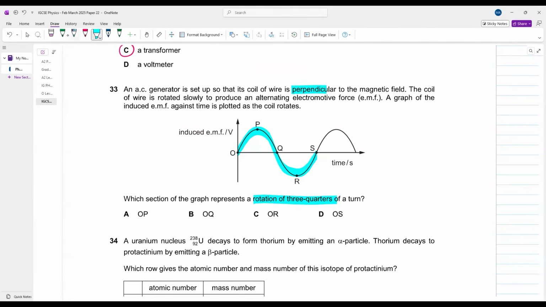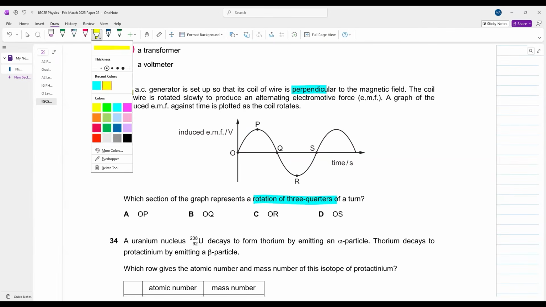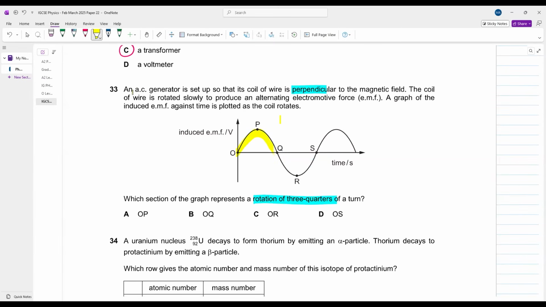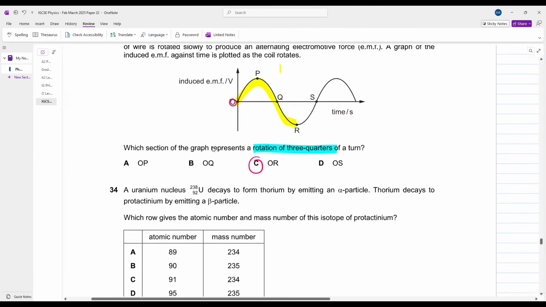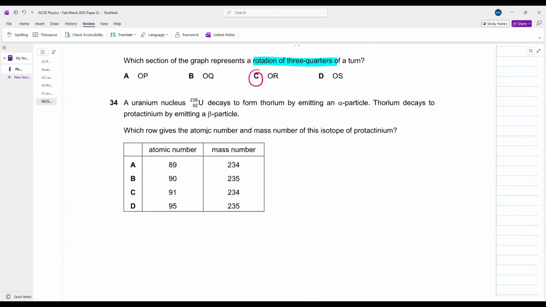This is the EMF versus time का graph if your coil performs complete rotation. However, अगर आप 3/4 रोटेशन परफॉर्म करते हो, तो आप वेव भी 3/4 ही कवर करोगे. You will cover your wave from O to R. C is your answer.